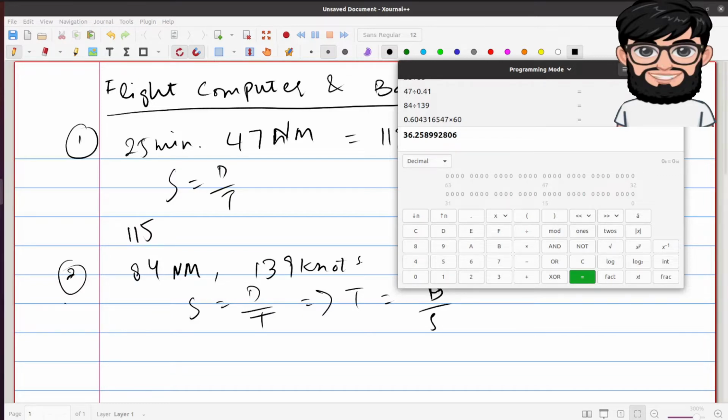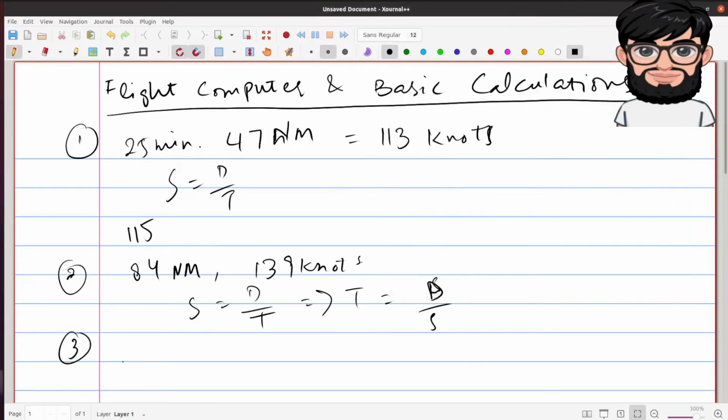And the third is, let's say the speed is given as 85 knots, and you have been flying 51 minutes. So what's going to be the distance?